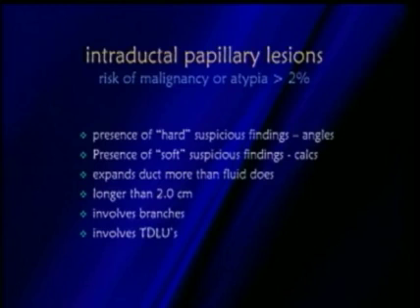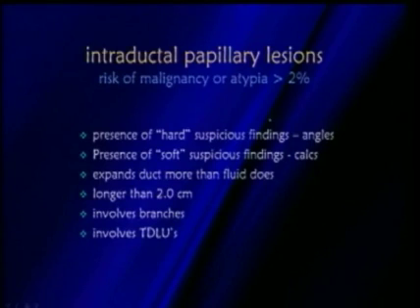Now, intraductal papillary lesions, the risk of malignancy or atypia, so basically if there's a greater than 2% risk, anything that we consider more like a BI-RADS 4A, is anytime you have the presence of any hard findings. In other words, anything suspicious for malignancy, such as angular margins.